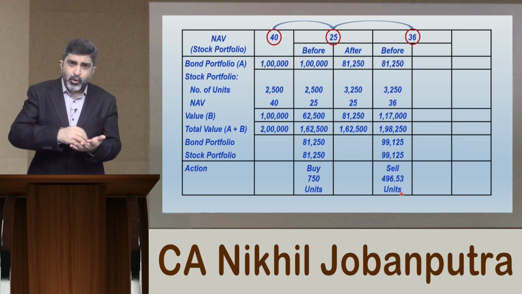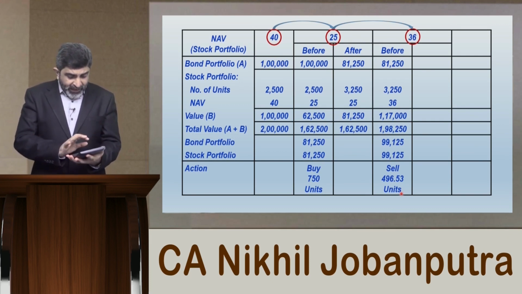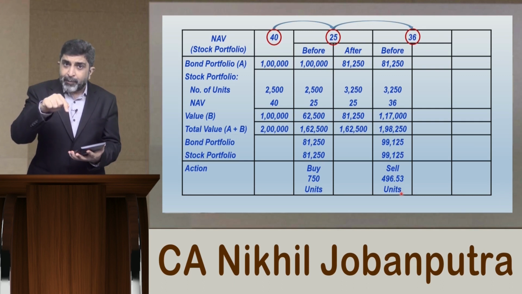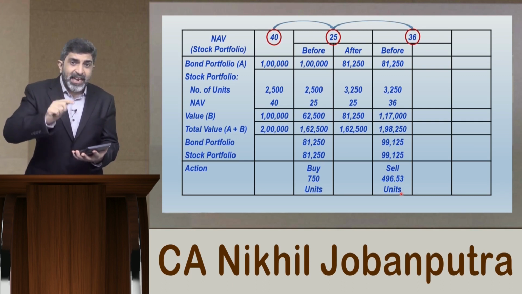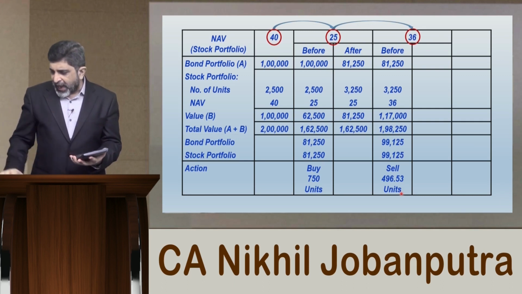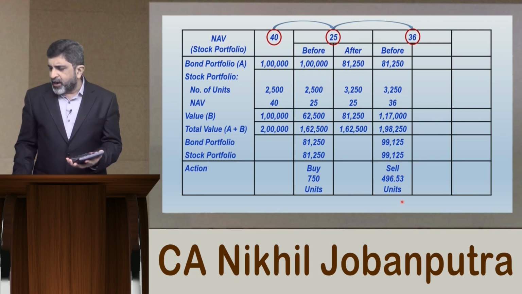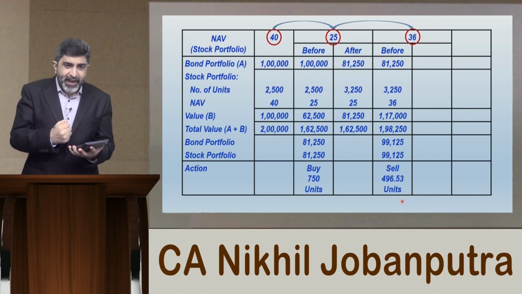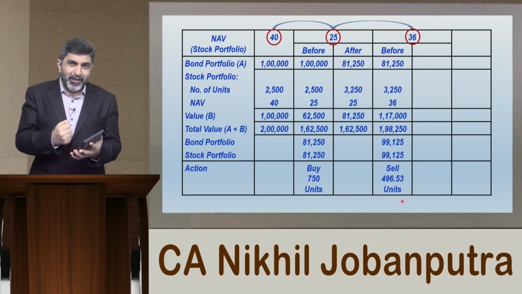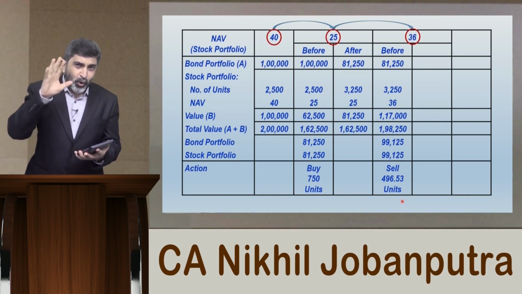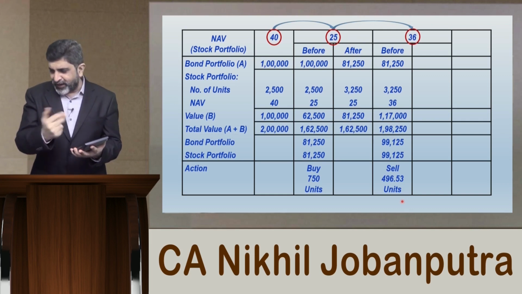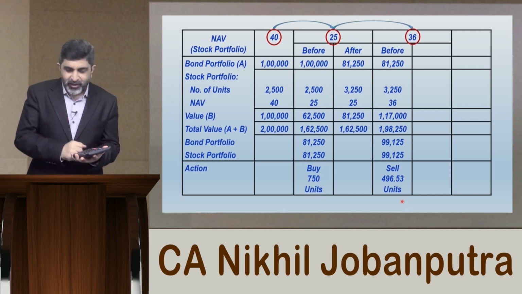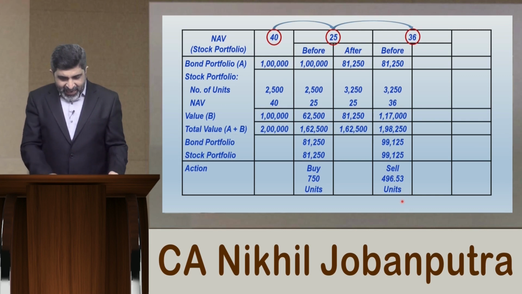So obviously we are going to sell some units. How many units we are going to sell will depend upon today's NAV, and today's NAV is 36. So I have already shown you over here 496.53 units. But how do we get that 496.53 units? Before I tell you, have you already figured out how to get that 496.53 units? So basically, how much money did I have in my bond portfolio.